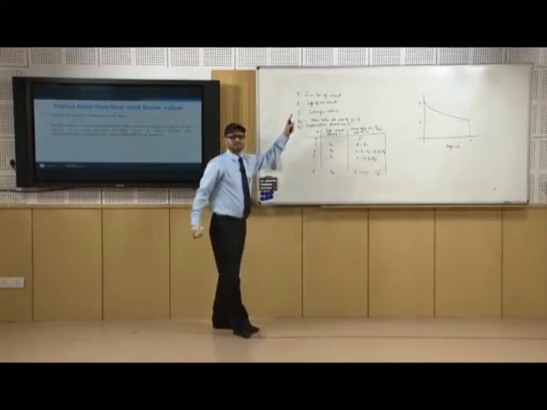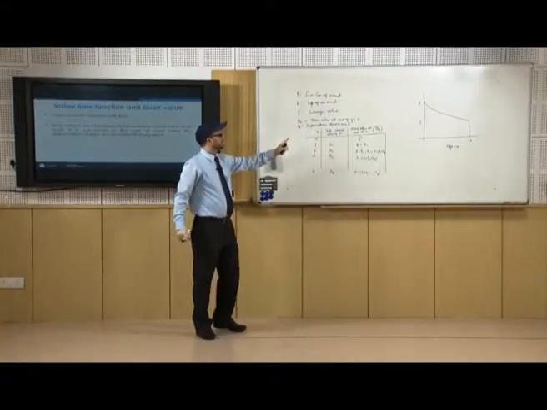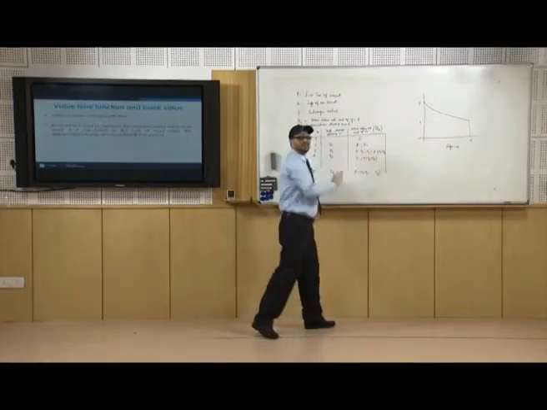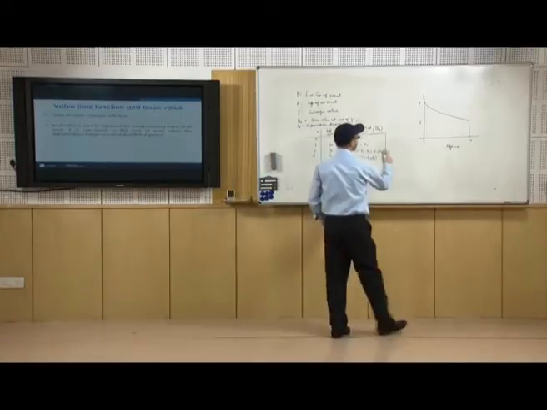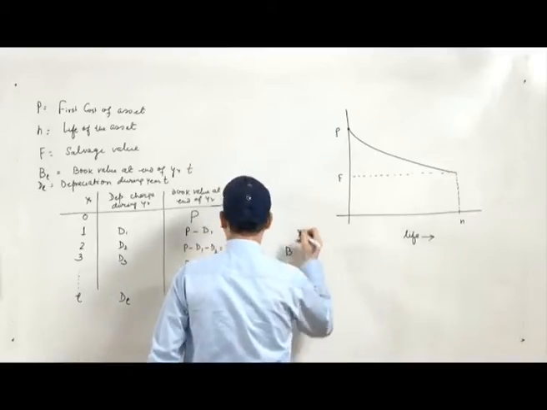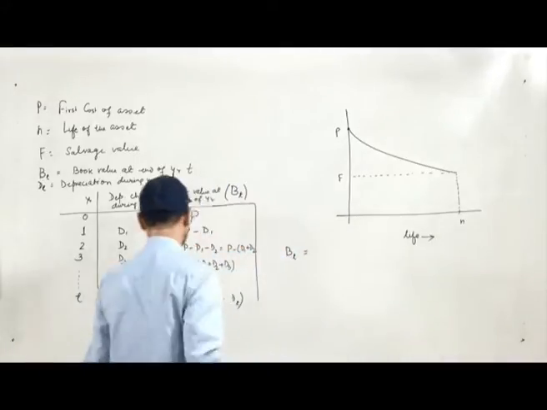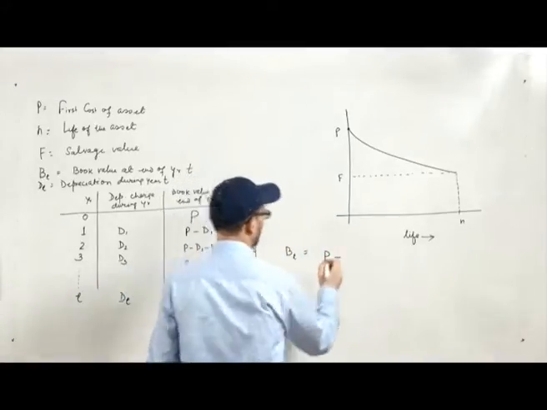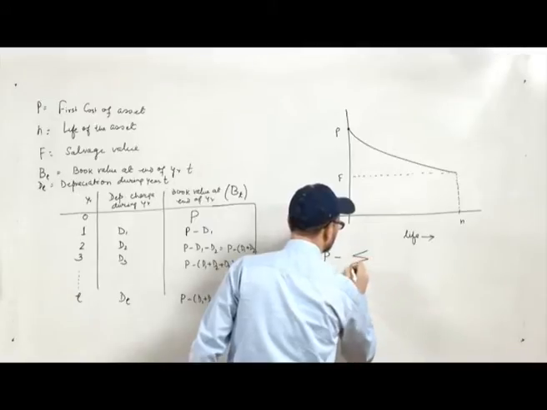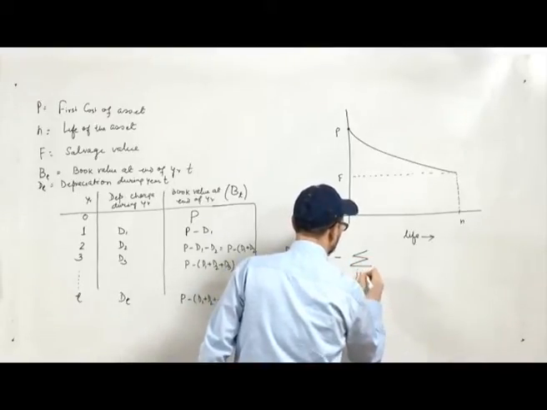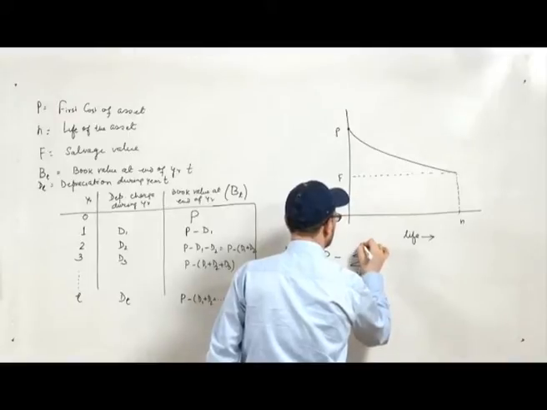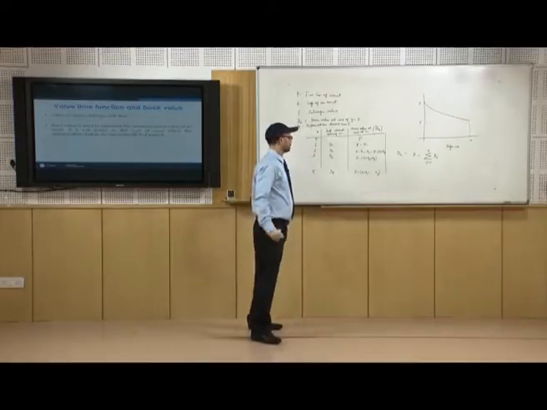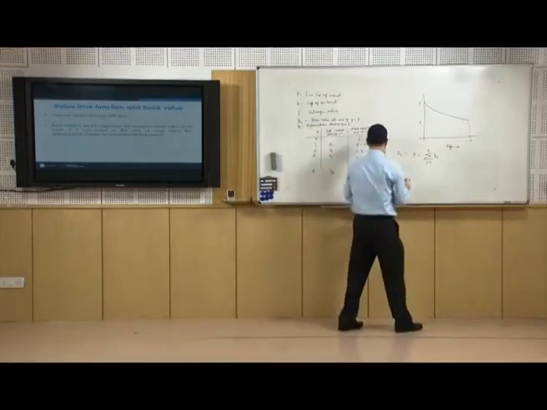We have defined the book value as the value after the end of year t. So, what we see is Bt equals P minus the summation of dj, j equal to 1 to t.